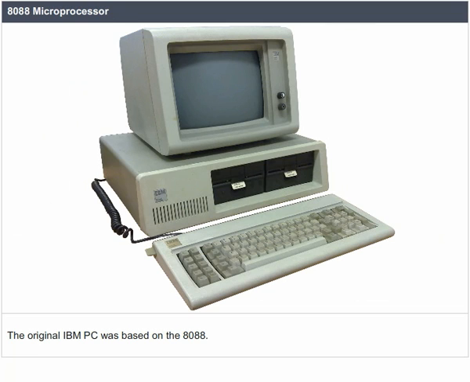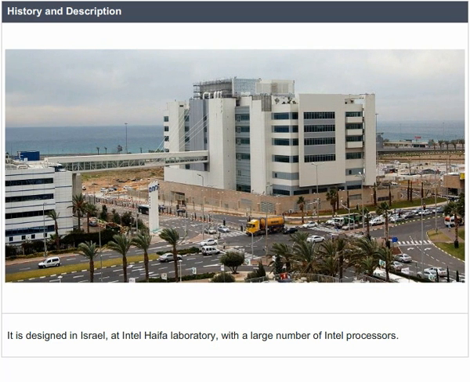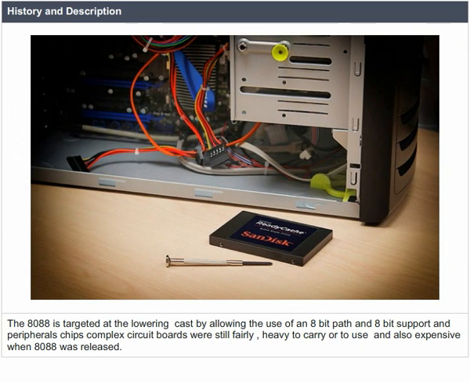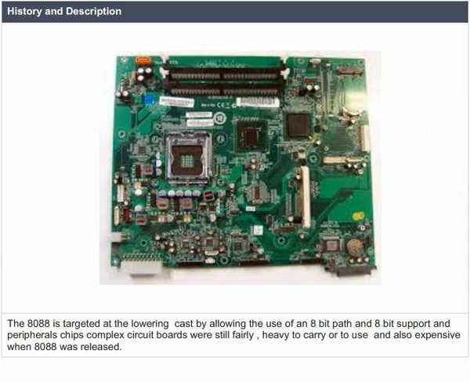History and description. It was designed in Israel at Intel Haifa Laboratory with a large number of Intel processors. The 8088 is targeted at lowering costs by allowing the use of an 8-bit path and 8-bit support and peripheral chips. Complex circuit boards were still fairly heavy to carry or to use and also were expensive when the 8088 was released.